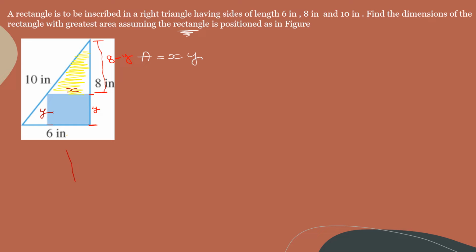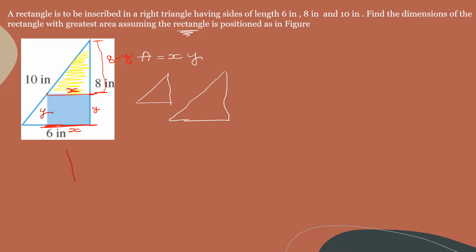Similarly, if this part of the rectangle is x, then the smaller part from here till here is our x. Now, taking advantage of similar triangles, this is my small triangle and this is my bigger triangle.